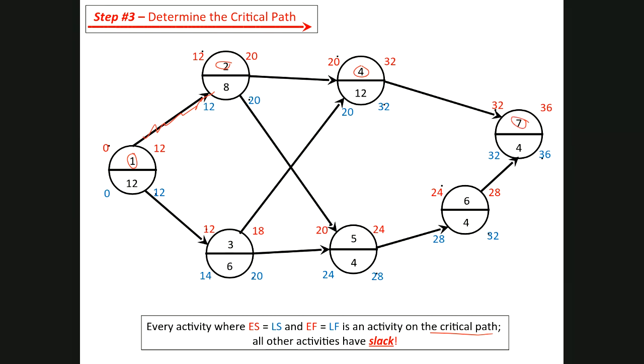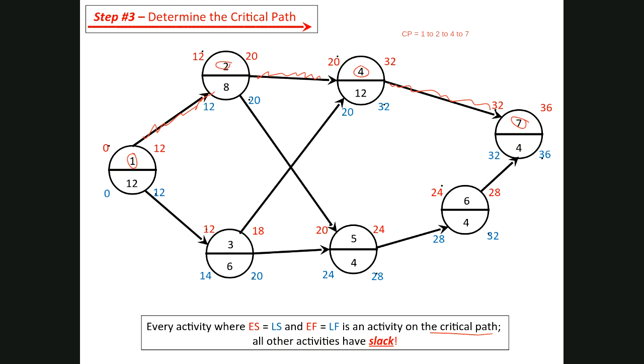And so our critical path, in this case, goes from task 1 to 2 to 4 to 7. That's our critical path.